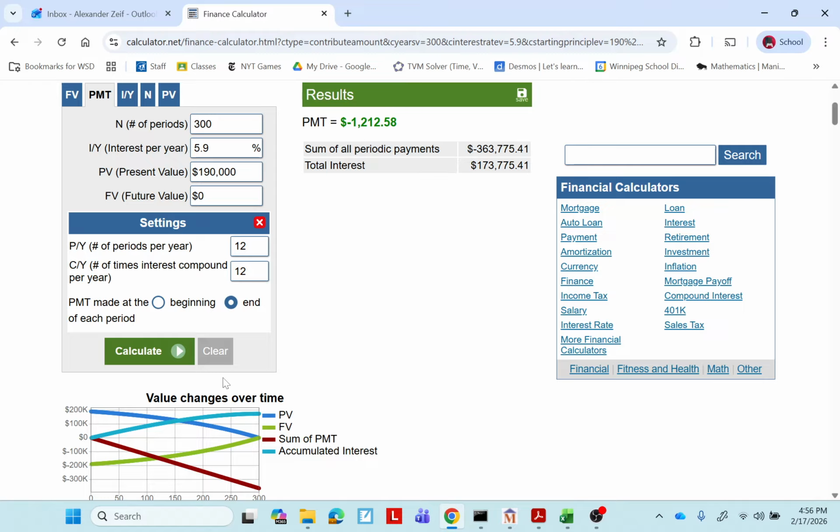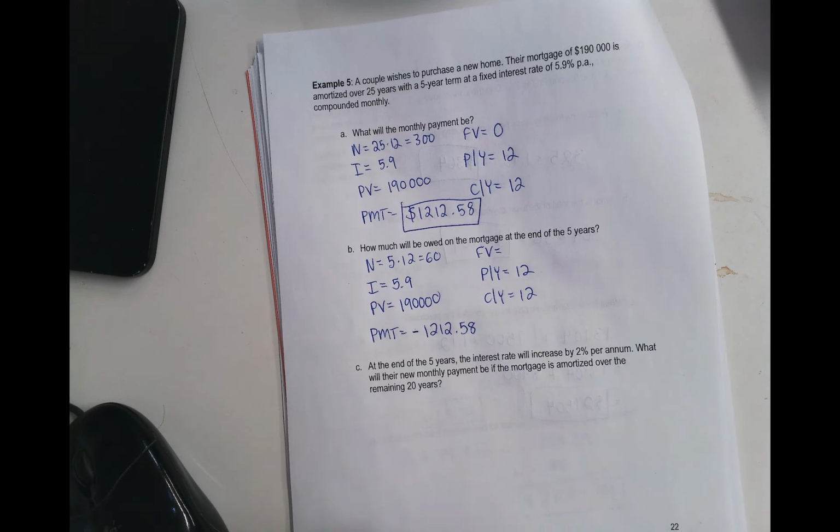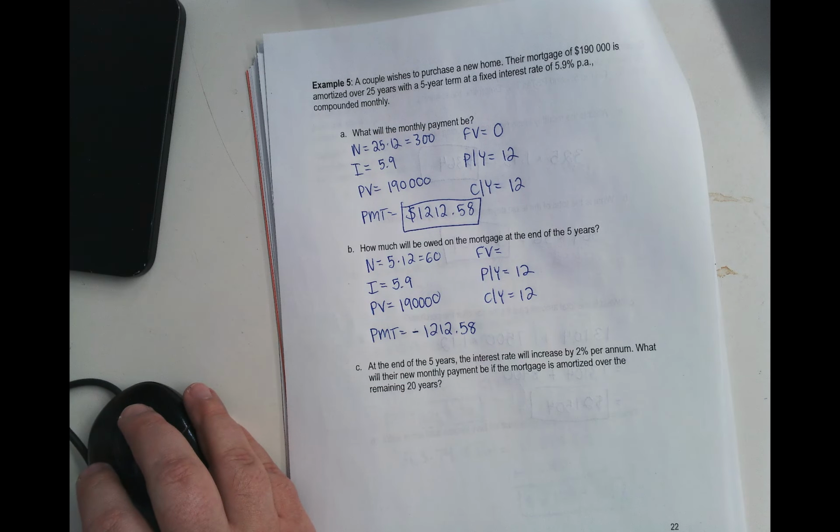And after 5 years, we want our end number to be, well, 5 times 12 or 60. So we want to find what the future value is after we make 60 payments on our mortgage. So this is a setup here, and we are going to use the financial calculator one more time to solve for the future value after 5 years.